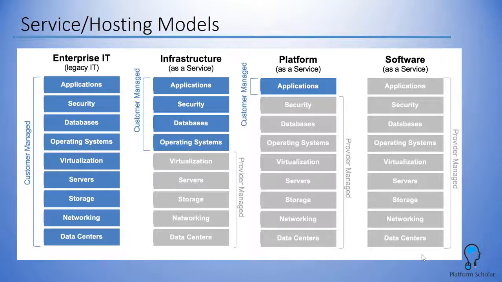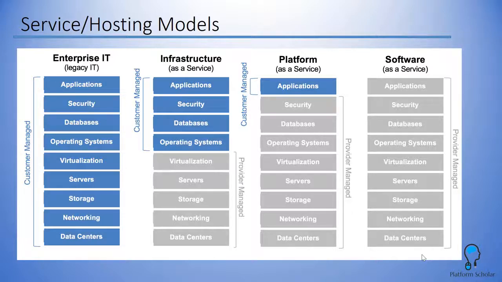For the infrastructure and platform hosting models, a third-party provider manages the hardware and possibly the virtualization layer, while it's up to the customer to develop the application and the security that's set on top of it. Therefore, the provider is only responsible for ensuring that the platform or infrastructure is available to the customer. The performance and availability of the application itself is still the customer's responsibility.